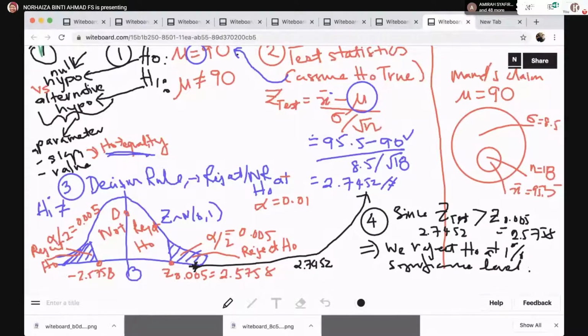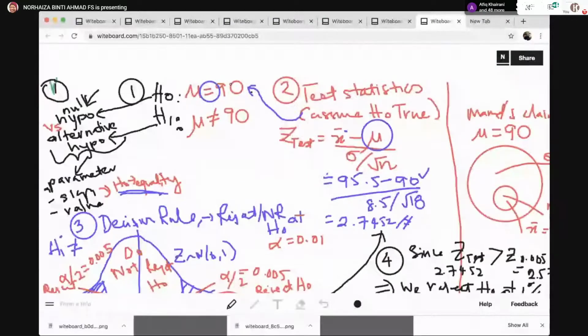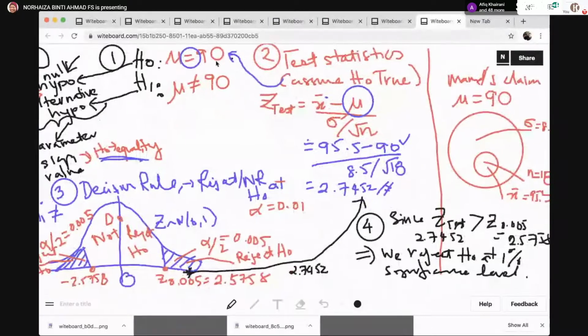Okay. So if we reject H naught at the 1% significance level, then we're saying that this might not be true, right? So what does this imply to the manufacturer's claim?